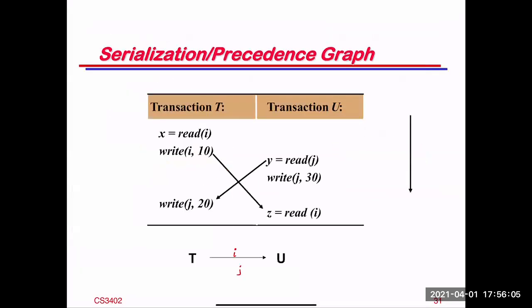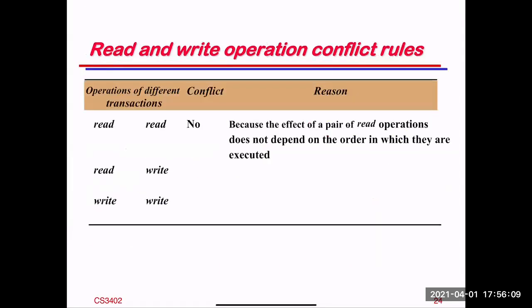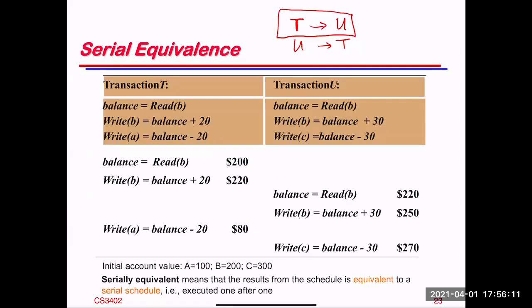Okay, go back to slide 23. You mean why can we read a balance of 220?